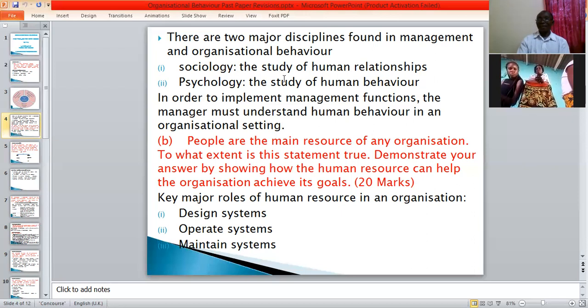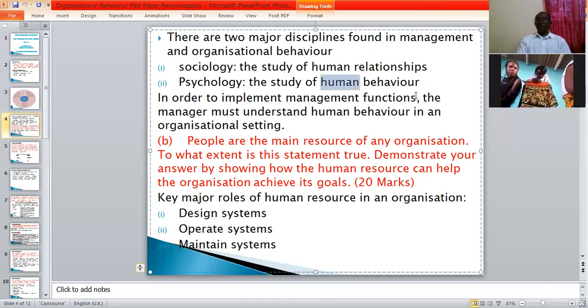Okay. In management, you want to achieve an objective by using human beings. In organization behavior, you want to know how human beings behave. Do you agree with me that the behavior of human beings in an organization, let me finish this, can I proceed?